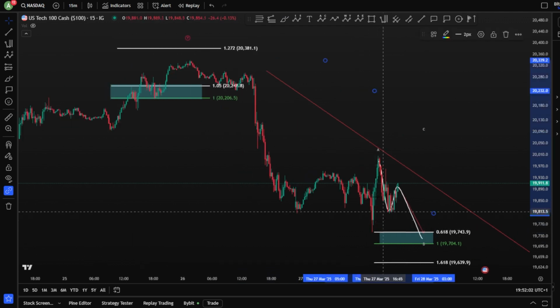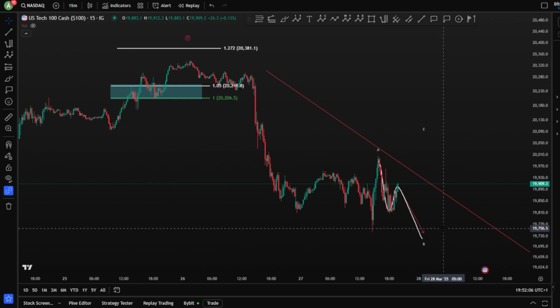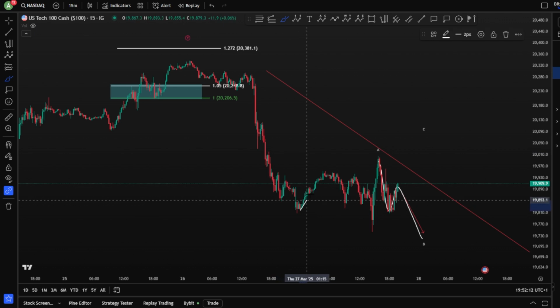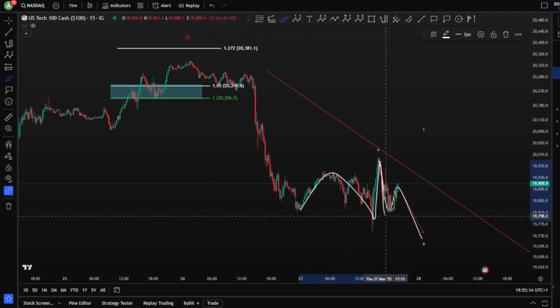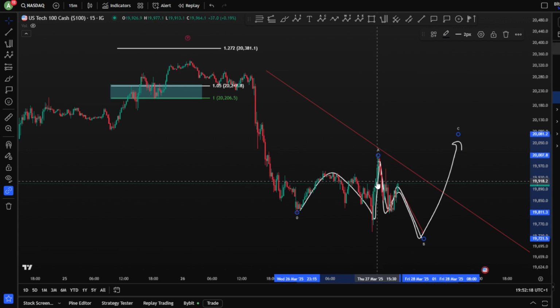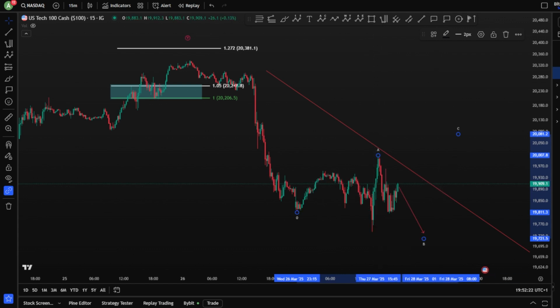Now this target is given for a wave 5, but it's not a wave 5 anymore. It's going to be an expanding flat again for a bigger wave 4, meaning an A and then B and a big wave C towards the upside can be given as a correction still, and then moving toward the downside again.